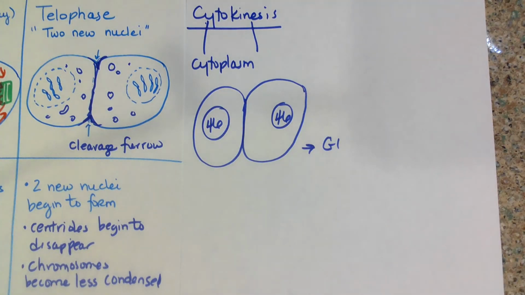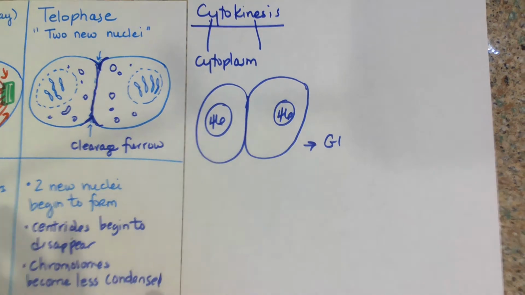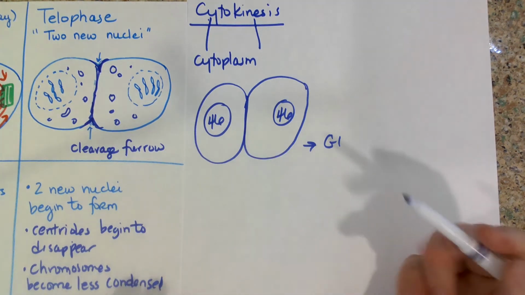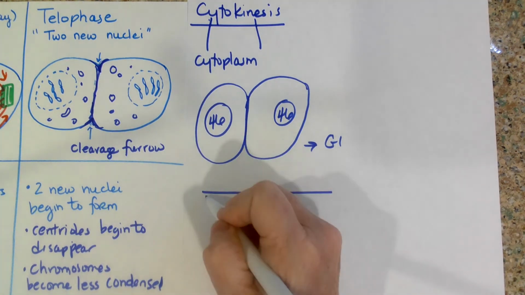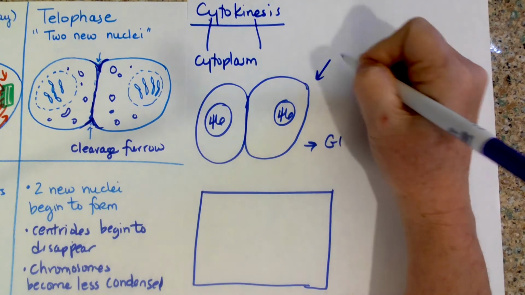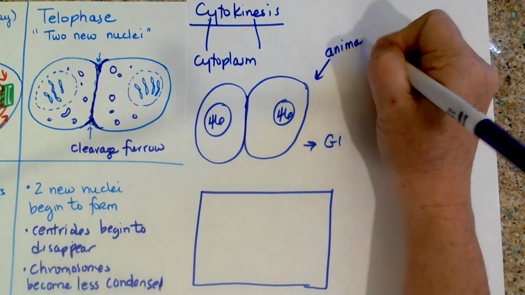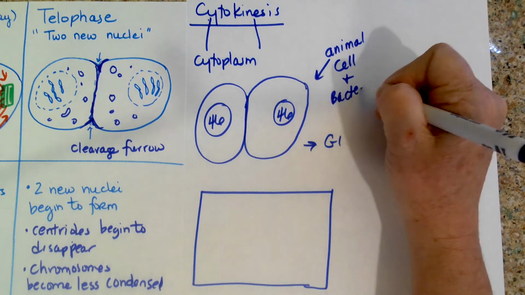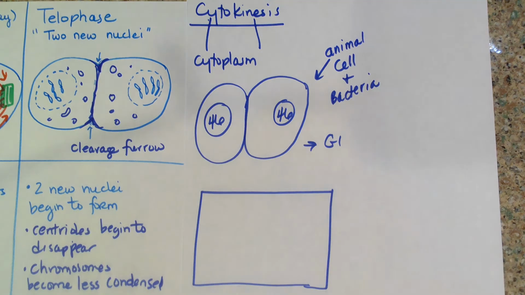And they'll start working. Now, a plant cell does all of this same process, except when it gets to cytokinesis, its membrane cannot pinch in because it has a wall around it. Okay, so this is animal cell and bacteria. They're going to do cytokinesis.